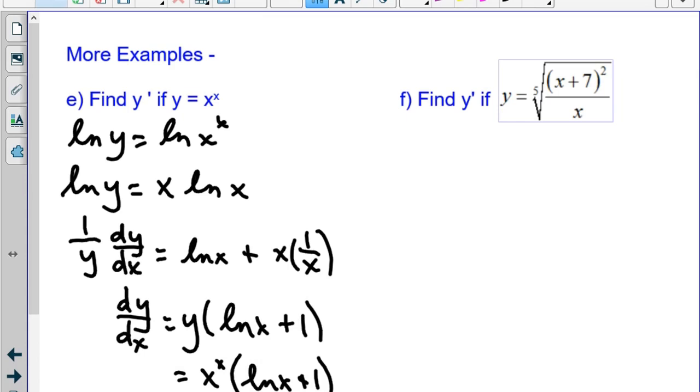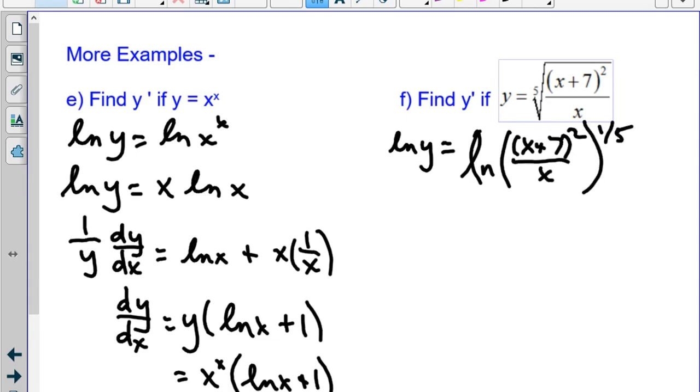Similarly, over here in problem F, this is kind of a nightmare. You can end up doing it, but there's a lot of work involved. If I take the natural log of both sides of this equation, what I end up with is the natural log of (x plus 7 squared over x), and that's to the 1/5 power.